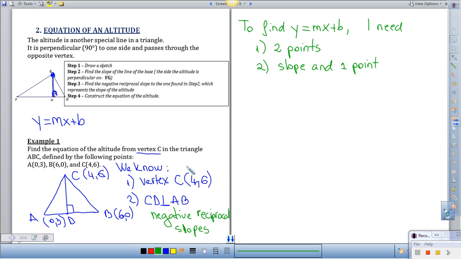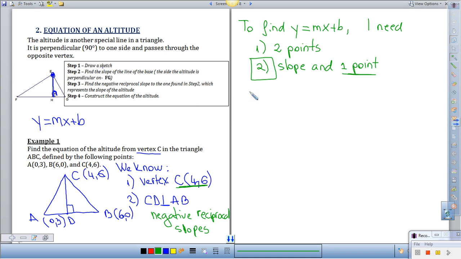Now let's connect what we know for this application problem and what we need to find the equation of the line. Well, what I know is a point, and I only know one of the 2 points. But something else that's really important is that I know that the altitude is perpendicular on the base of the triangle. So once I find the slope of the triangle side, I can find the slope of the altitude, which means that option 2 is the one that I can use to find the equation of the altitude.